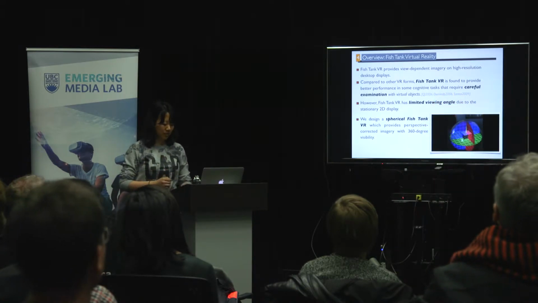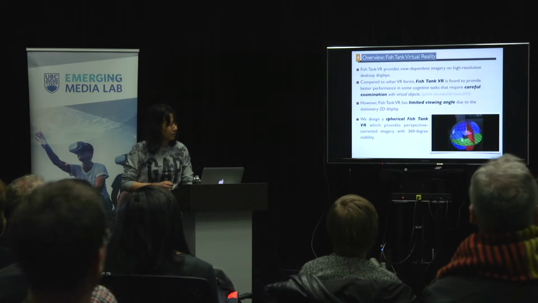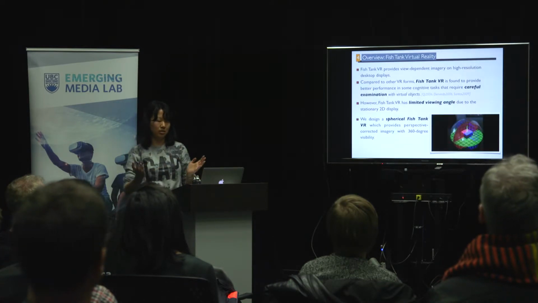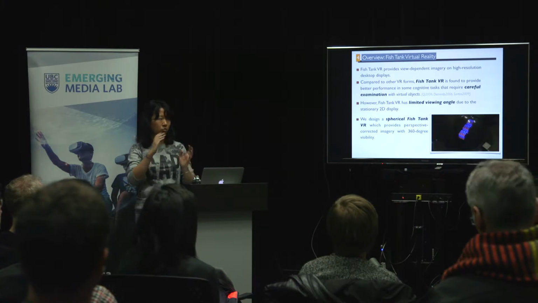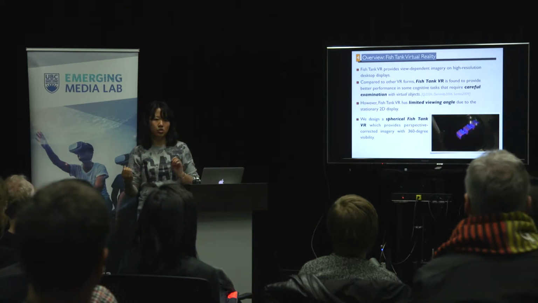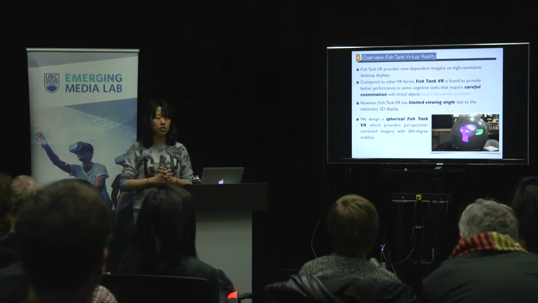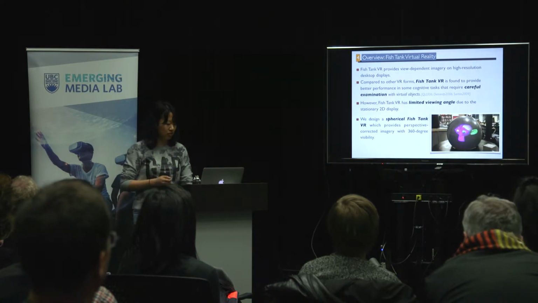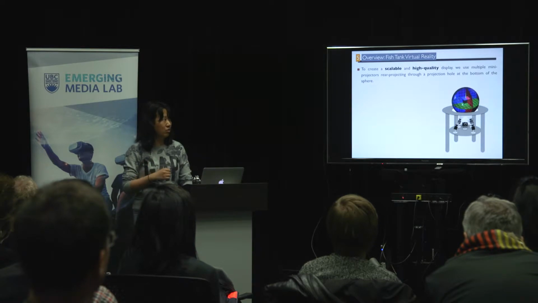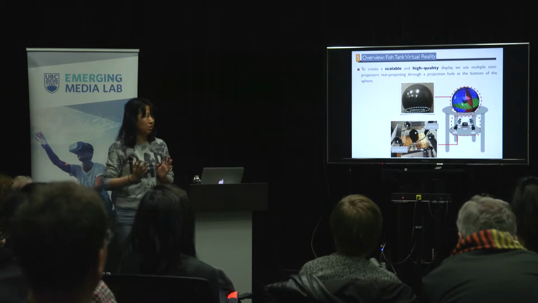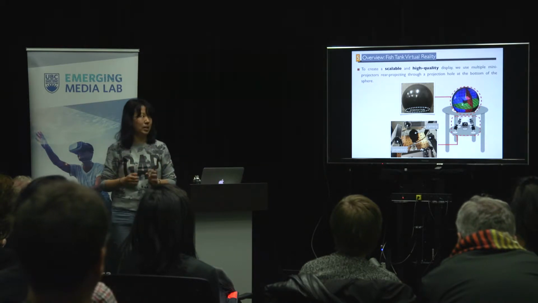Because this is a perspective-corrected display on a spherical screen, we use projectors to generate the images. Instead of using one projector, we use multiple projectors that rear-project through a projection hole at the bottom of the sphere, to create a scalable and high-quality display.